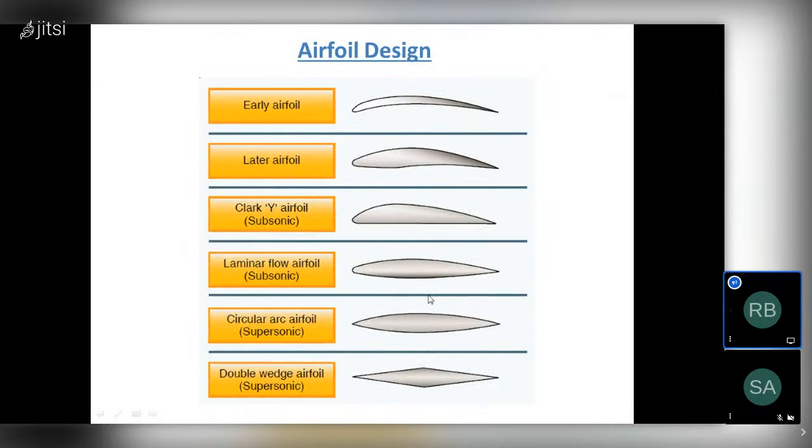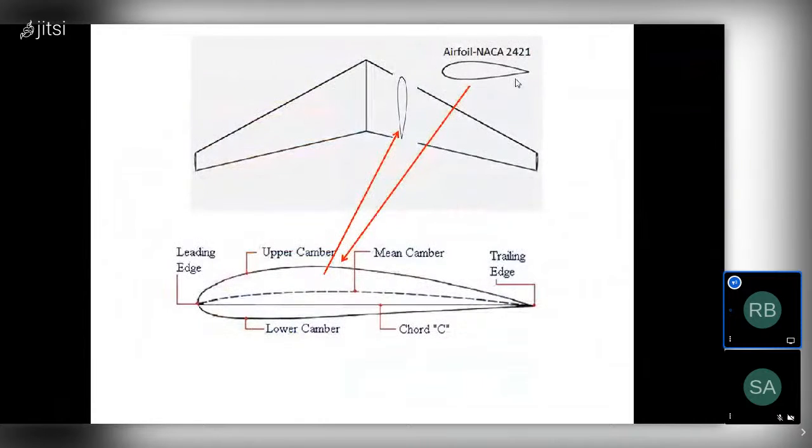Likewise for hypersonic and subsonic, for different aircraft. The wing design is different because of the different aerofoil sections.